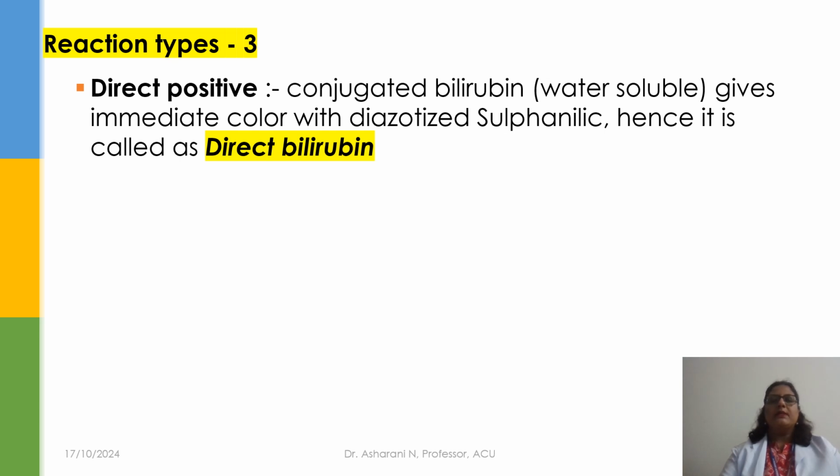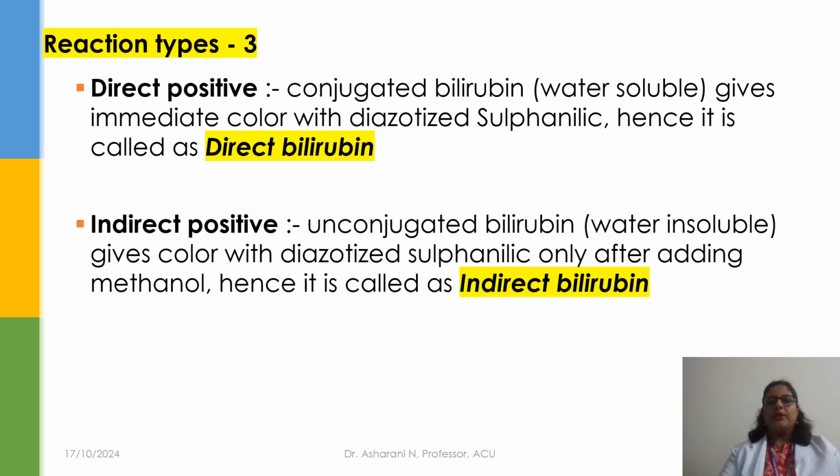Hence it is called a direct positive reaction, and the bilirubin is called direct bilirubin. Unconjugated bilirubin, which is water insoluble or sparingly soluble, gives color with diazotized sulfanilic acid only after adding a solubilizer like methanol. Hence it is called an indirect positive reaction, and the unconjugated bilirubin is called indirect bilirubin.